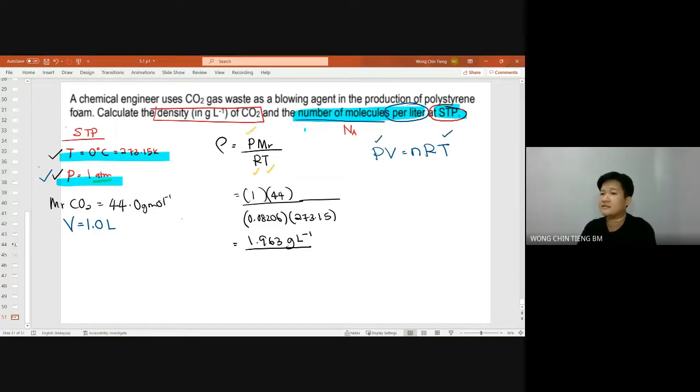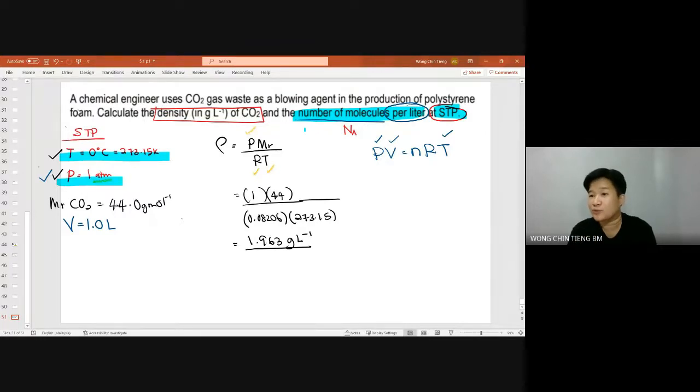Masih adalah 0 degree Celsius, 273.15 Kelvin. Cuma yang kita akan ada benda baru adalah volume. Volume adalah 1 liter. Find the number of mole. From the number of mole, work out the ratio to find the mole number of molecule.